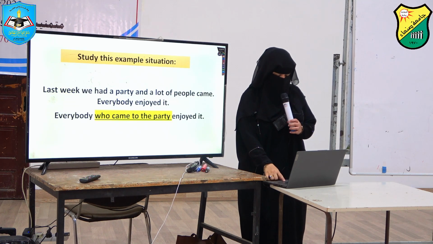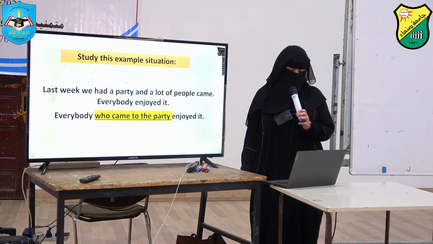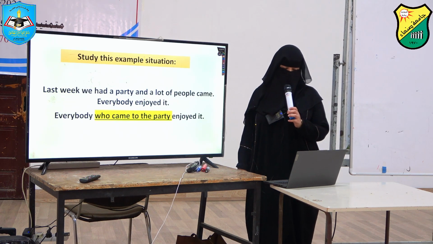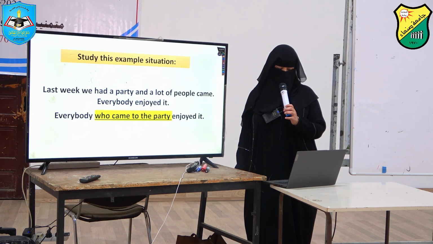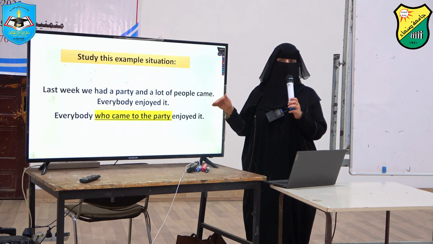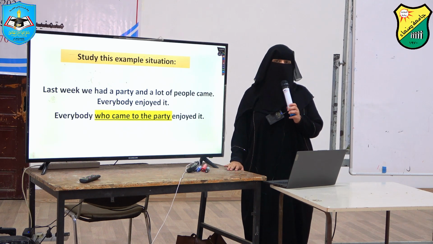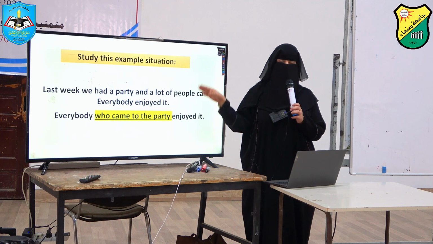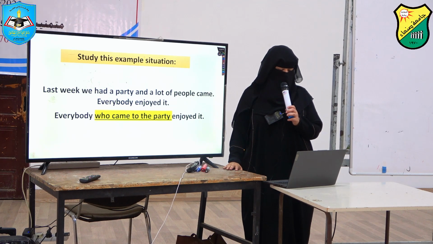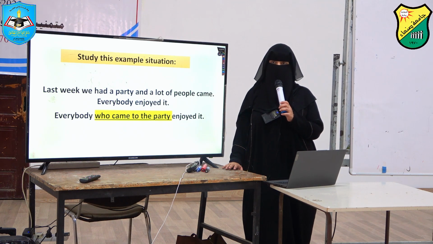Okay, here you have: last week we had a party and a lot of people came. Everybody enjoyed it. This is the situation so that you understand the second sentence. Instead of saying this whole sentence, I will shorten it: everyone or everybody who came to the party enjoyed it.